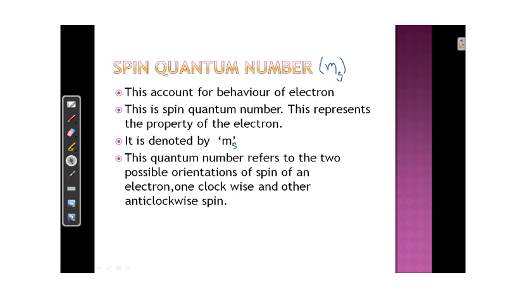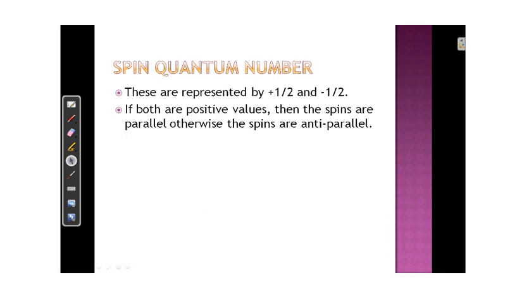One is in clockwise direction and the other is anti-clockwise spin. So these are represented by plus 1 by 2 and minus 1 by 2. If both are positive values, then the spins are parallel, otherwise the spins are anti-parallel.